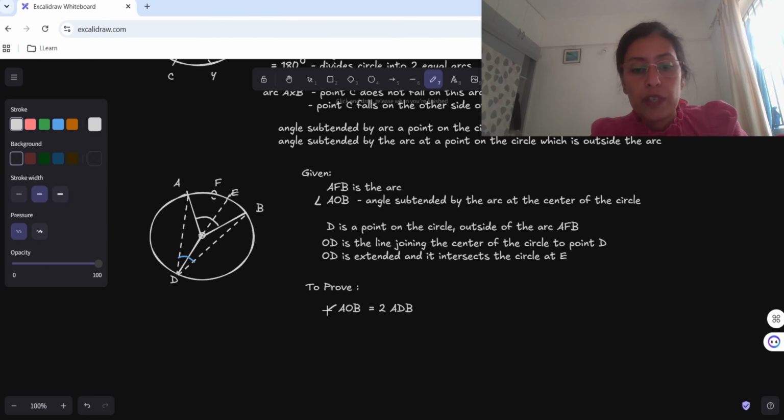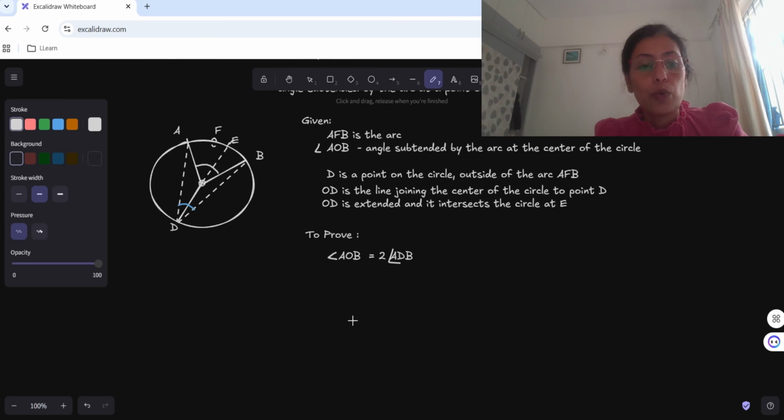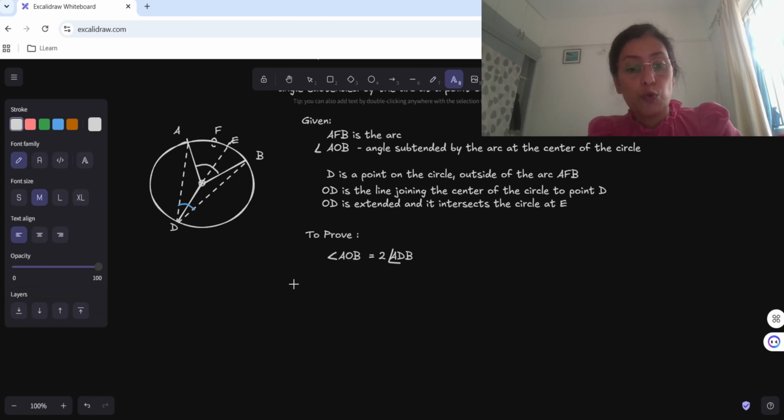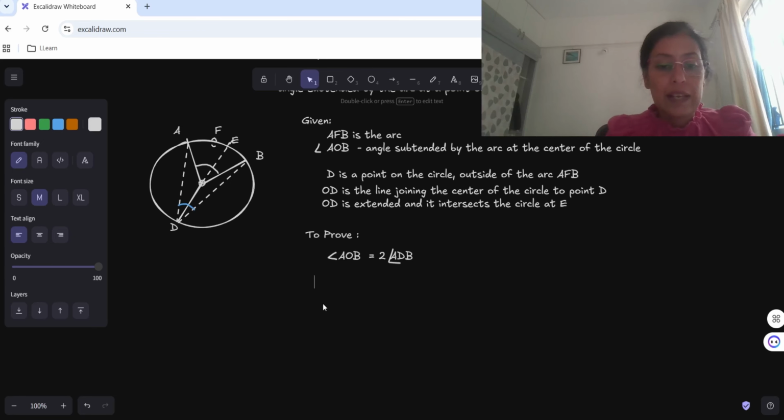What I need to prove is this angle is twice of this angle, right? So what we are saying is the angle subtended by an arc AFB at the center of the circle is twice the angle subtended by this arc at any other point on the circle which is outside of this arc. Okay, this is what we need to prove. So let's get started.